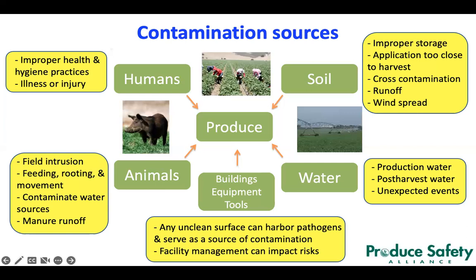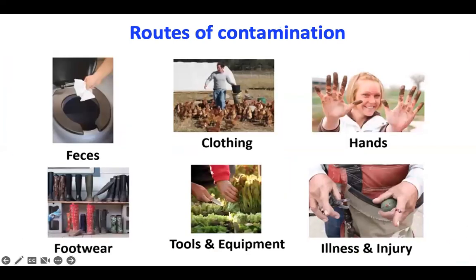For example, areas outside of the building that are not kept mowed or clean can serve as pest harborage areas, and those little wildlife or animals can come inside the building. Standing water or debris in the packing areas can become a source of cross-contamination. All those could contribute to produce safety issues and pathogens in the produce.